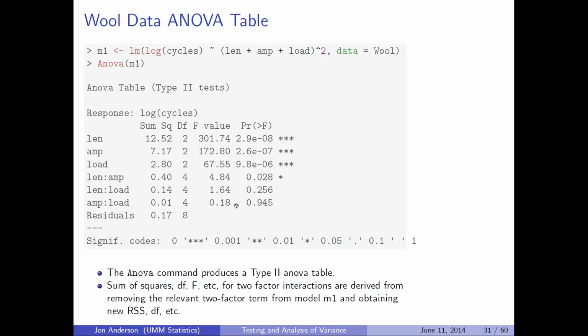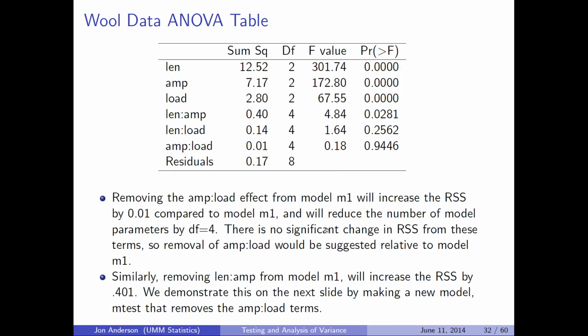Let's go through an example. If we want to talk about a two-factor interaction test, where does it come from? One of the two-factor interactions is removed from this model, and then it is tested against this M1 alternative hypothesis model. Let's consider the amplitude load interaction right here. Where does this sum of squares, degrees of freedom, F, and p-value come from?